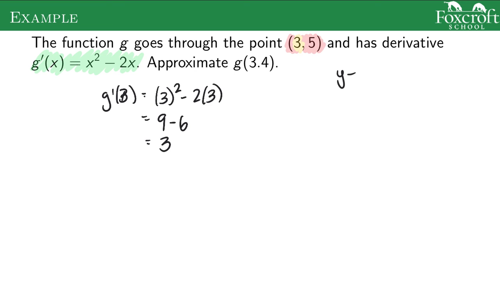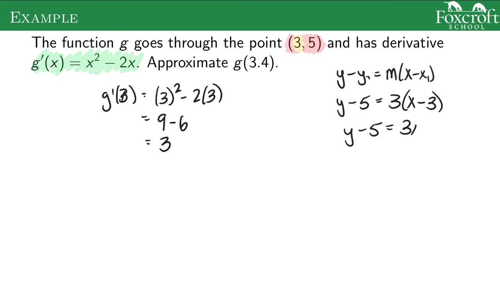So I can make my linear equation now for the tangent line. I distribute that 3 in and add 5. So this tells me the tangent line to my graph at the point 3 is 3x minus 4. And again, that tangent line is going to be really similar to the original function at the points close to it.